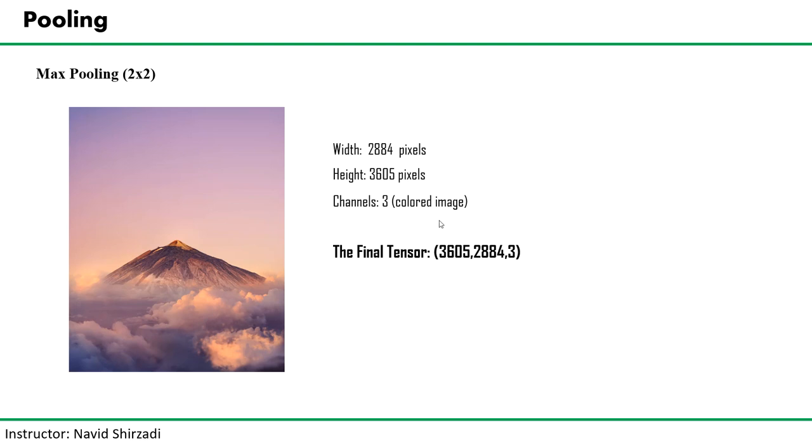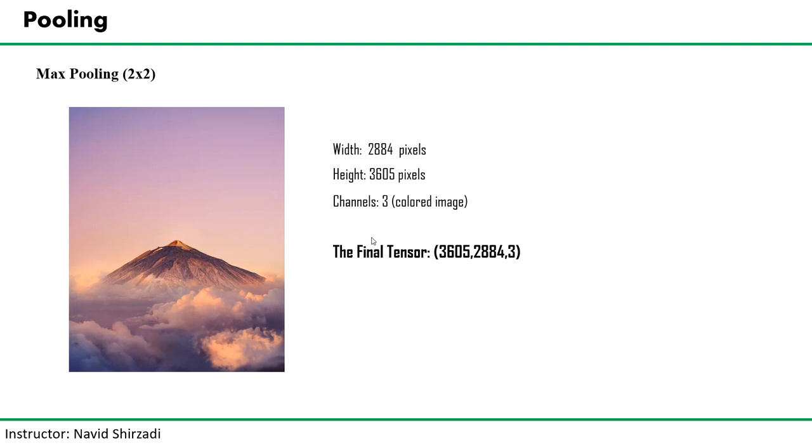This is a colored image, so we have 3 channels. So the final tensor that will be given to our convolutional neural network will have the dimension 3,605 by 2,884 by 3.